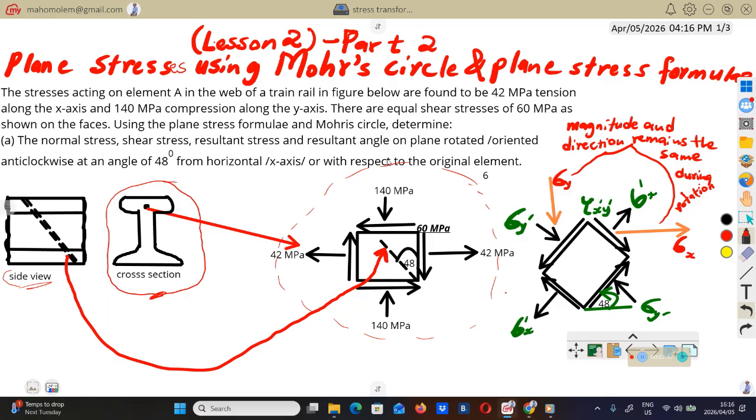We magnified this so that we can analyze it nicely. Here they're talking about element A, meaning that this is the element.